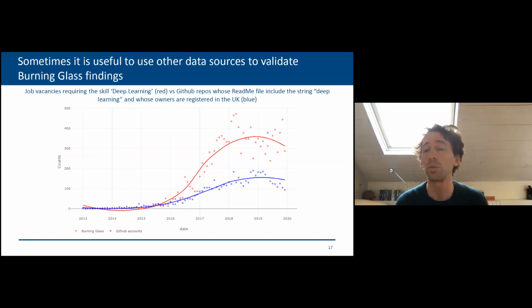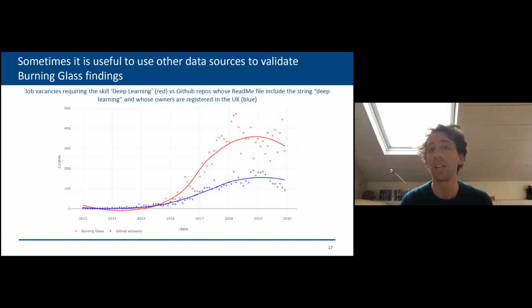And what we used was data from the GitHub API. And what we did was to look at repositories where the README file included the string deep learning and whose owners were registered in the UK, when looking on the GitHub API, and the dates here are the dates that the repository was created.